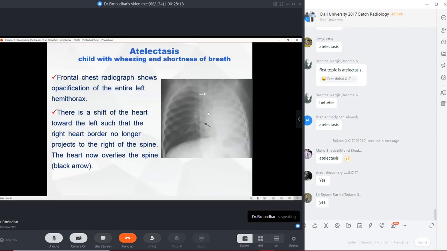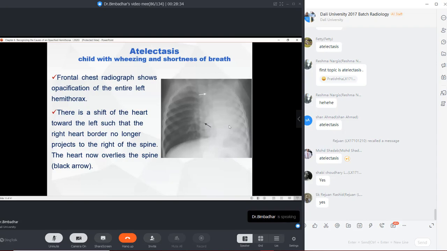And the black arrow actually has to be on the other side of the spine. But now what you see here, I can see almost the lateral borders of the spine on the right side, which means to say the heart has been pulled onto the left side.